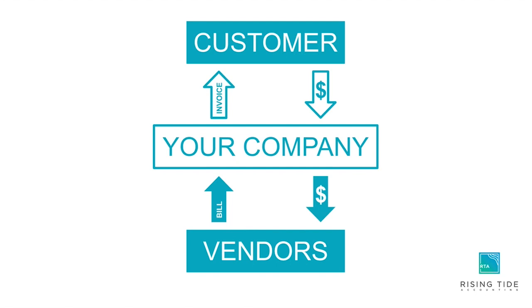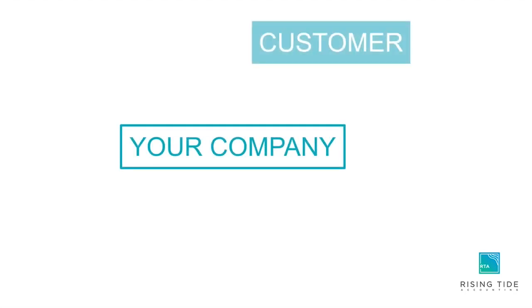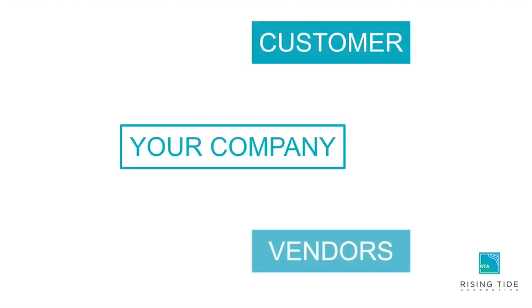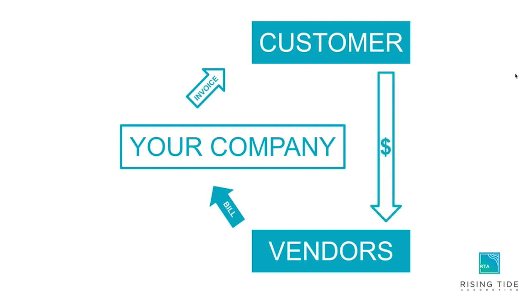But when you get into situations where you're trying to juggle cash flows and you can't quite invoice for your project, but you need to pay your vendors to keep things going, that's where a joint check might come in. And the way those work is your company gets a job with a customer, you hire vendors, they do work for you, they send you a bill, you bill your customer, and if they don't pay in time, then sometimes the customer might opt to pay your vendors directly.